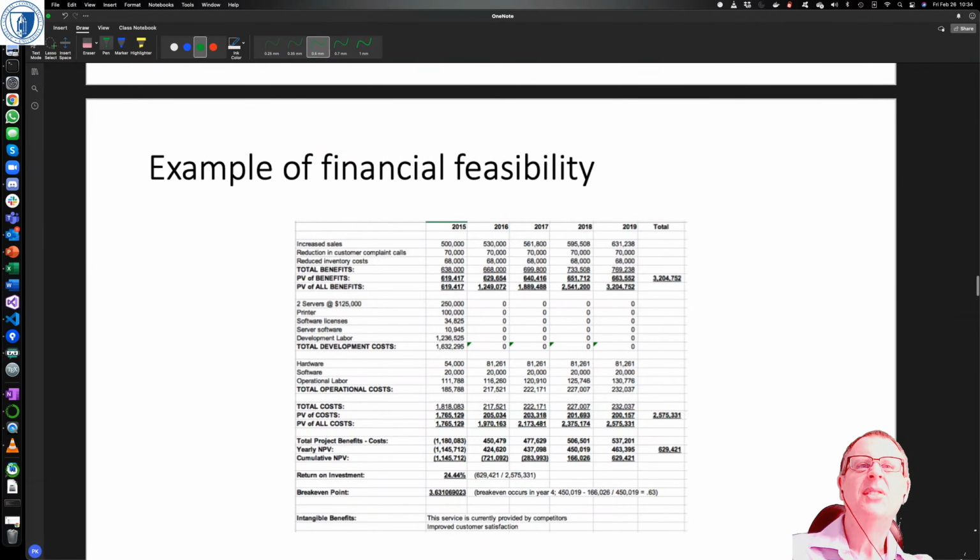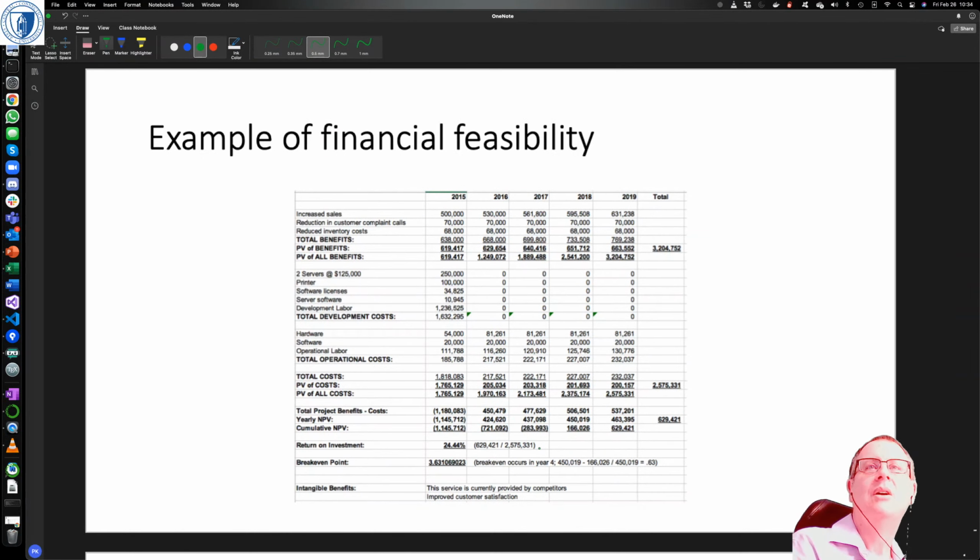And this is just a quick example where the top rows here are about the increased sales, reduction in customer complaint calls, reduced inventory costs. So they're the benefits.